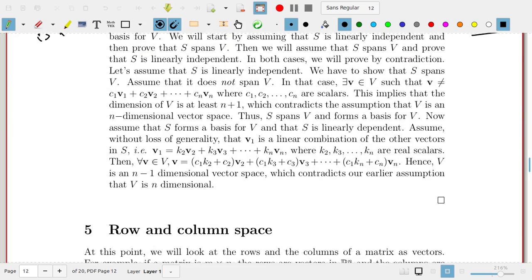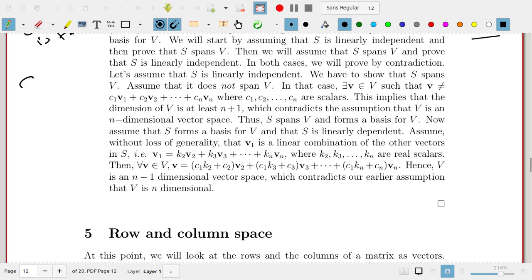In that case, if C is true, the implication is that A or B is also true, right?